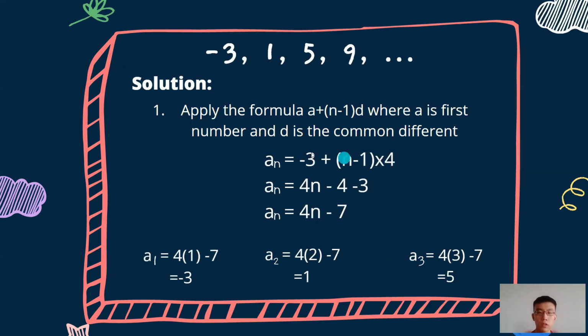So based on the explicit formula, we don't need to know the previous number, and we just need to use the formula to calculate the number based on the position of the element. So for a10, we can use 4 times 10 minus 7 and get the answer. So this is the difference between the recursive formula and explicit formula.